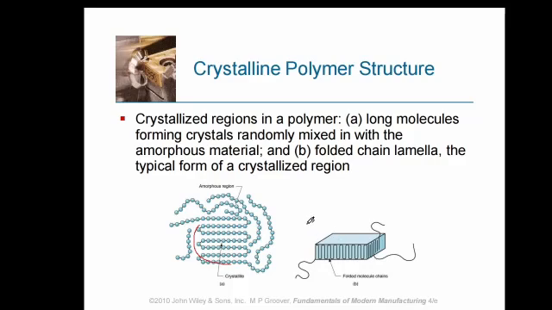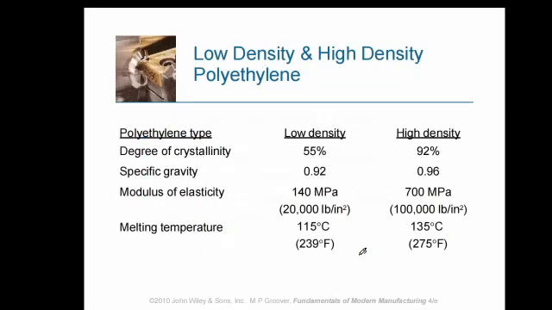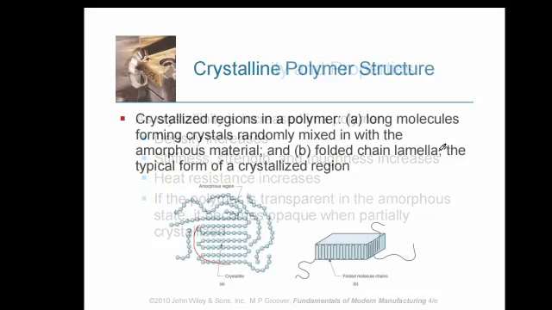So high density polyethylene has more crystal regions than low density polyethylene. And as we can see, the low density polyethylene is at 55% degree of crystallinity, whereas high density polyethylene is 92%.